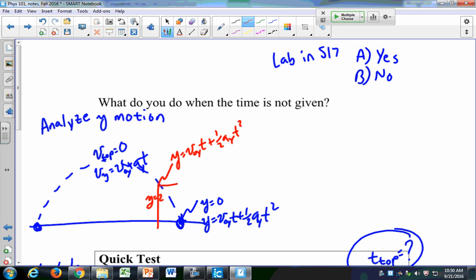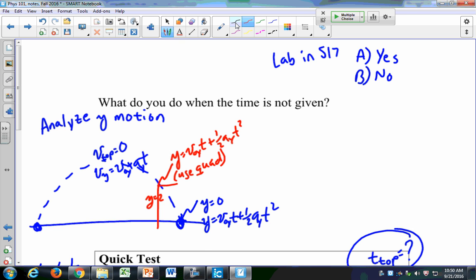So you can analyze your y motion if you know the y position at a particular point and find the time at that point. By the way, with this final one, you have to use the quadratic formula. You won't have to do that on the exam, but you had to do it on the assignment last week, and you have to do it in the lab that you're doing this week on projectile motion.